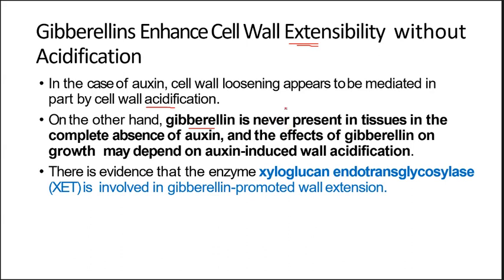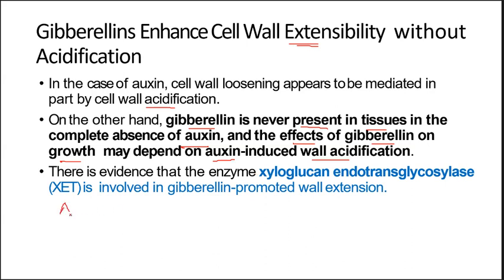It was also seen that gibberellin is always present in tissues in the presence of auxin. When auxin was completely absent, gibberellin was also absent. The effect of gibberellin on growth is dependent on auxin-induced wall acidification.